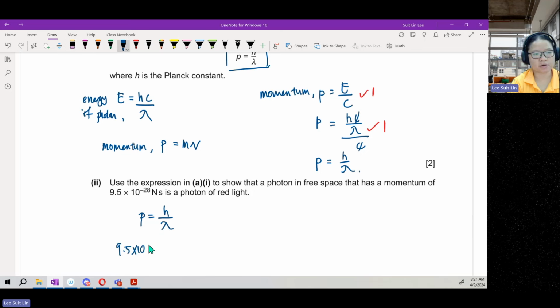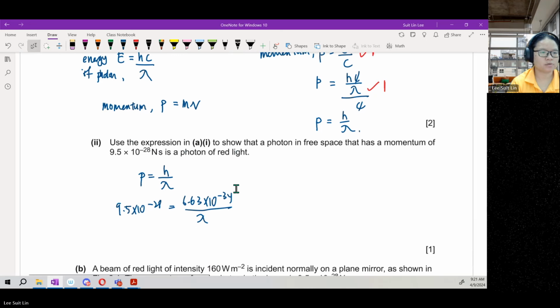9.5 times 10 to the power of negative 28, 6.63 times 10 to the power of negative 34. I'm going to find lambda first. If you press your calculator, lambda is 698.